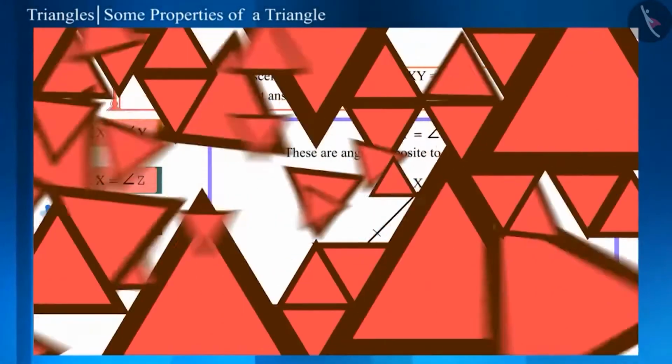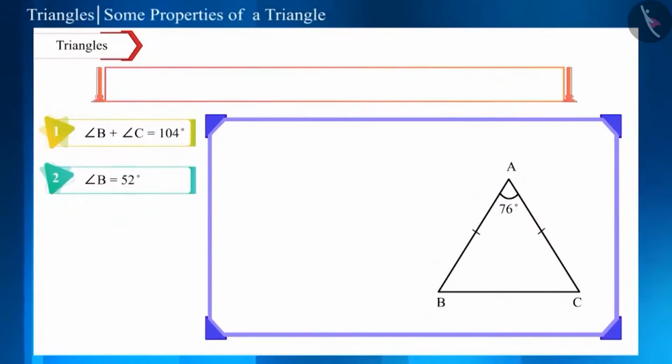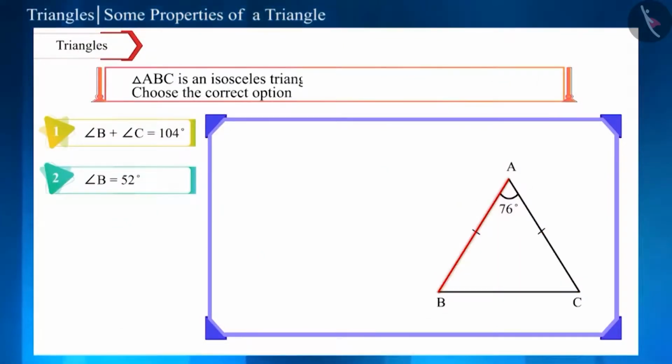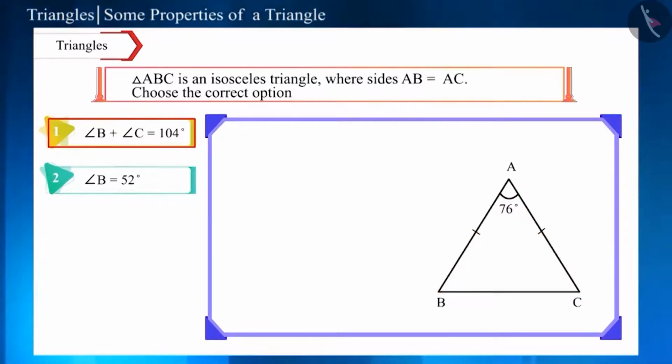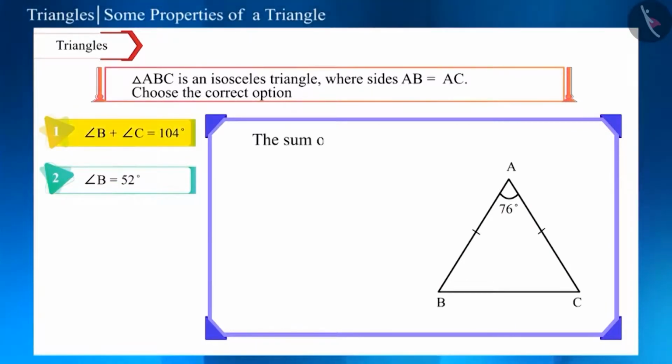Let's look at a similar question. Triangle ABC is an isosceles triangle where sides AB and AC are equal. Choose the correct option. Friends, we know that the sum of all the angles in a triangle is 180 degrees.